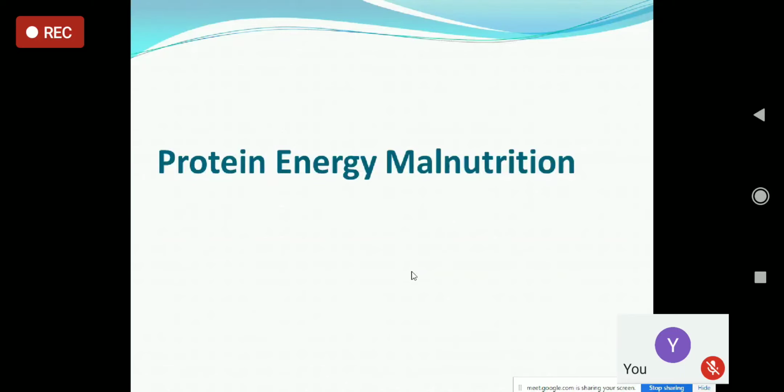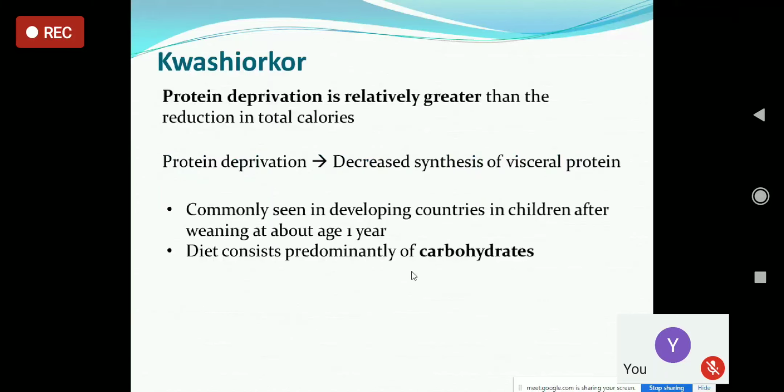Another topic, protein energy malnutrition. When those requirements are not met in the long term, you end up with protein energy malnutrition. There are two types of protein energy malnutrition, kwashiorkor and marasmus. In kwashiorkor, protein deprivation is relatively greater than the reduction in total calories.